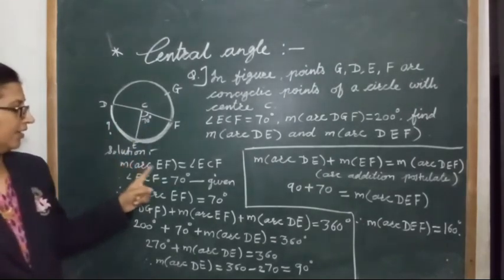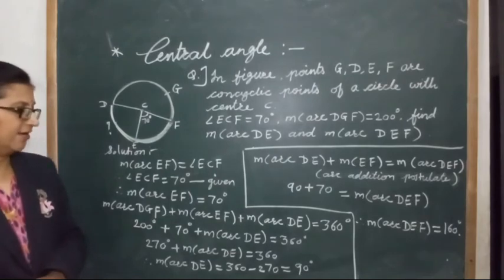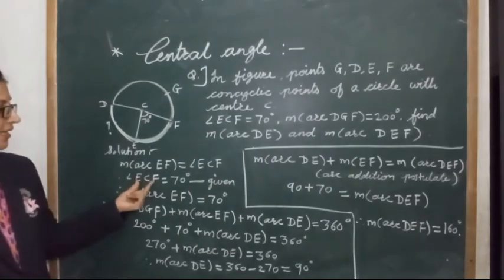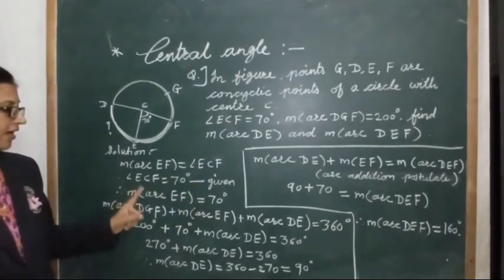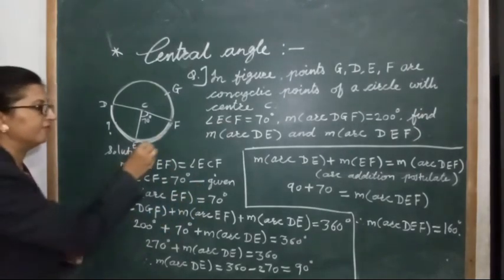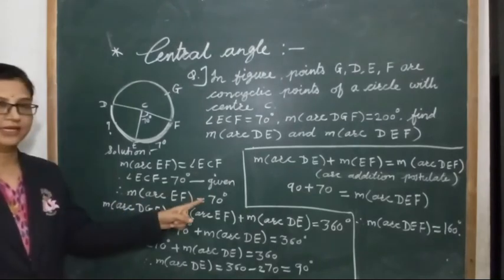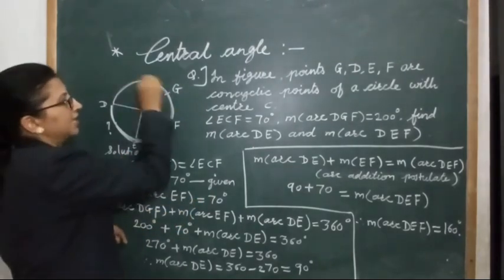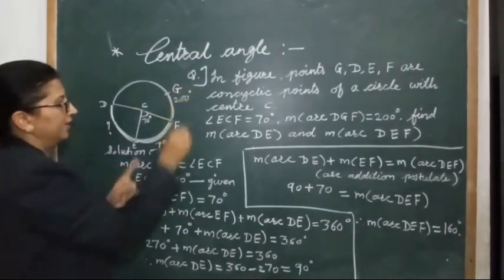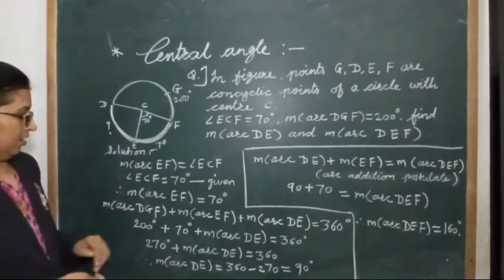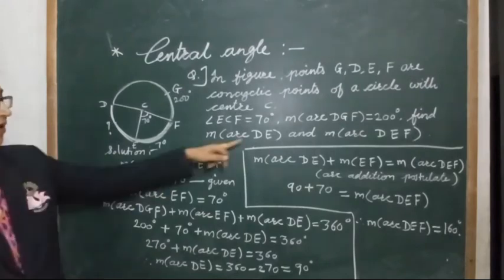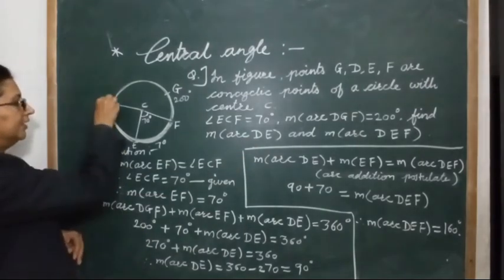So here arc EF is equal to angle ECF. Angle ECF is 70 degrees, which is already given. Therefore arc EF we got as 70 degrees. And now we have this arc of 200 degrees, and this arc of 70 degrees. Now we are asked to find arc DE.